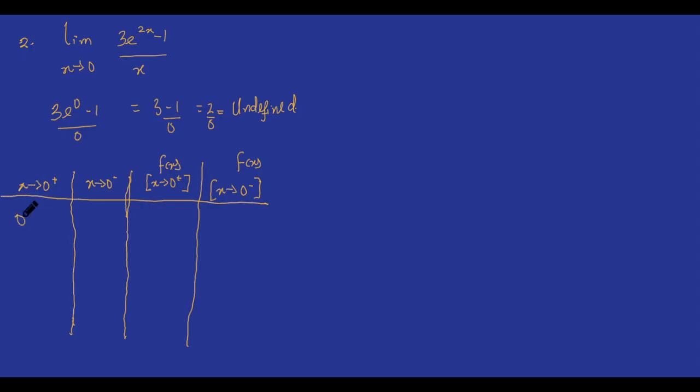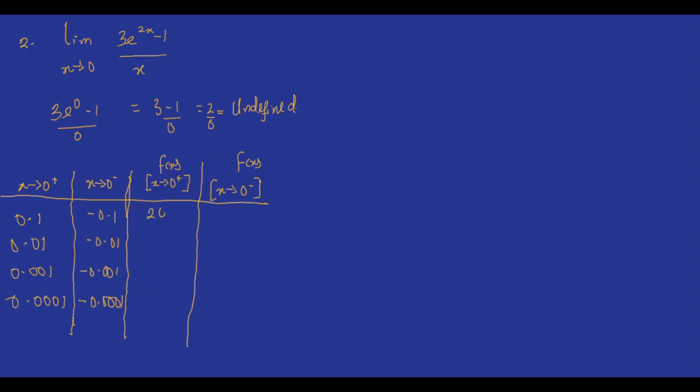So for x tending towards 0 from the right, we have 0.1, 0.01, 0.001, and 0.0001. So here we have minus 0.1, minus 0.01, minus 0.001, minus 0.0001.